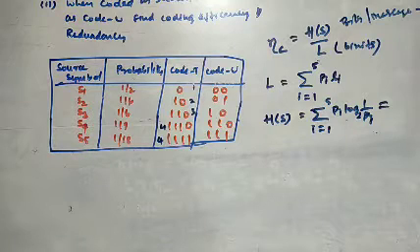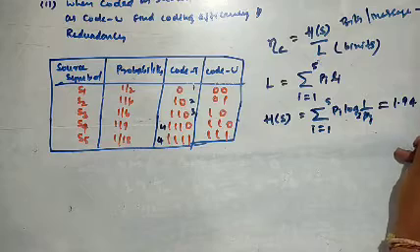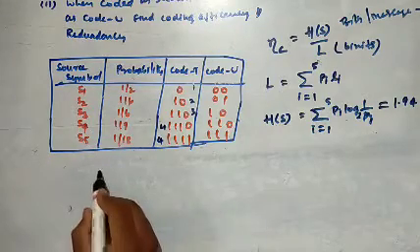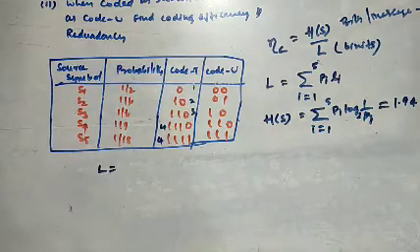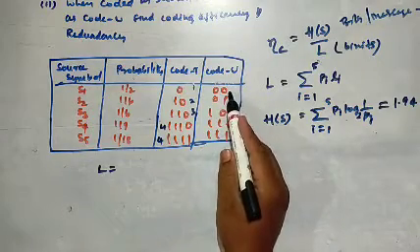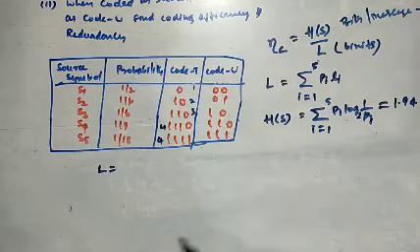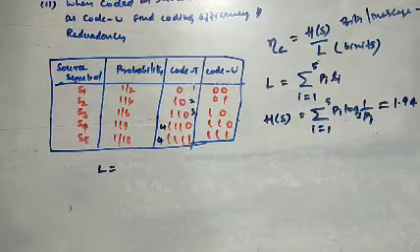That is H of S is 1.94553, and find the average length L. See, this coding is different. For first symbol we have 2 bits, second 2 bits, third 2 bits, and fourth and fifth 3 bits. It is different from these two. Okay, we want to find the efficiency of different coding techniques.